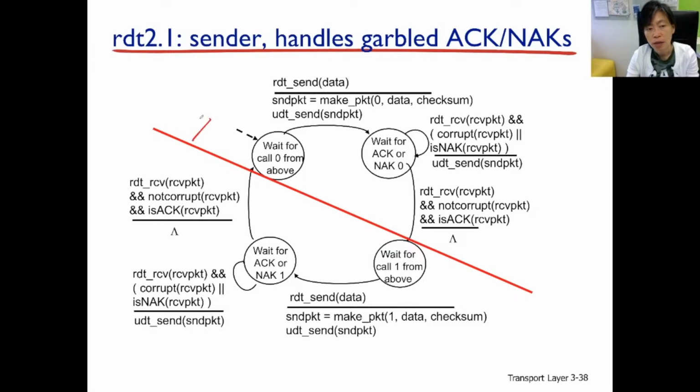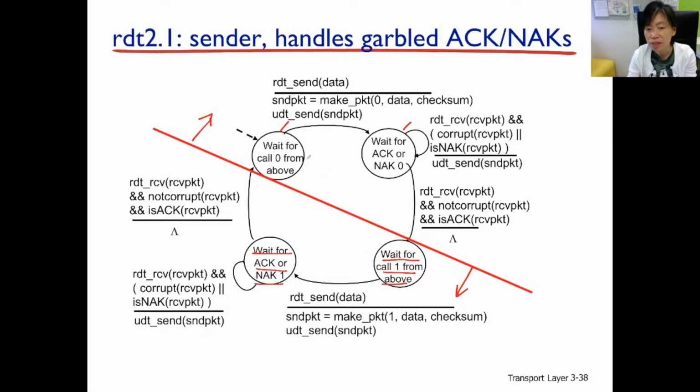If you look at the upper right part of it, yeah, this looks like the wait for call from above state in RDT 2.0 sender, isn't it? And wait for ACK and NAK, this looks like the waiting for feedback state in RDT 2.0 sender. If you go down further, this other half is actually very similar. Wait for call from above, and then wait for ACK NAK.